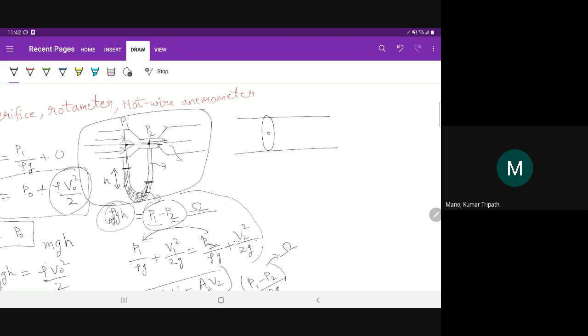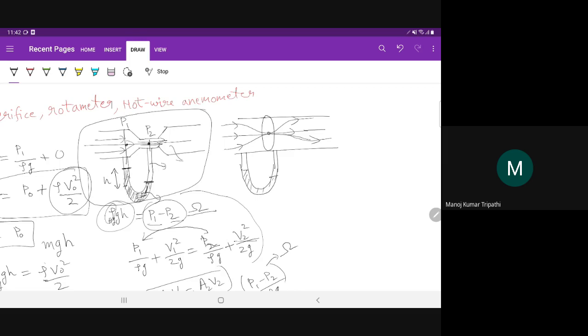So the streamlines of the fluid go like this, because they have to converge and then diverge. So the actual streamlines follow this venturi kind of path, and then you can measure the pressures in these two locations, and then again you will get a similar pattern.